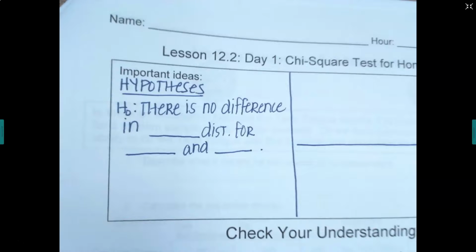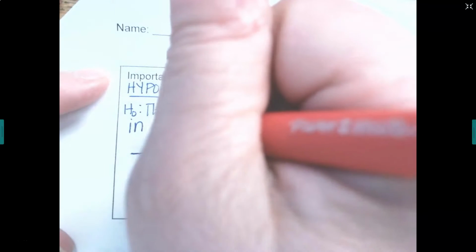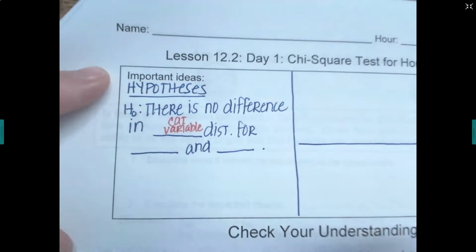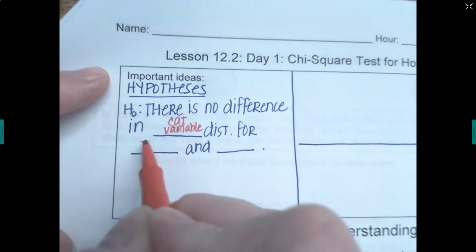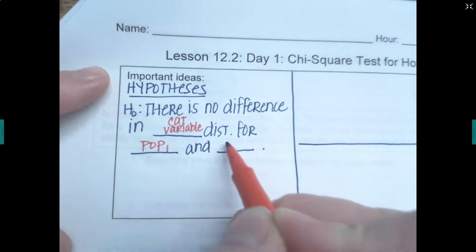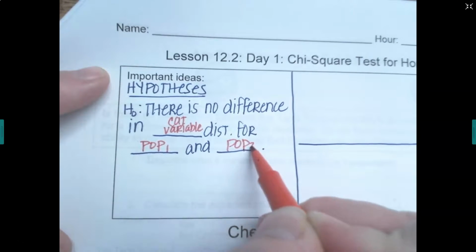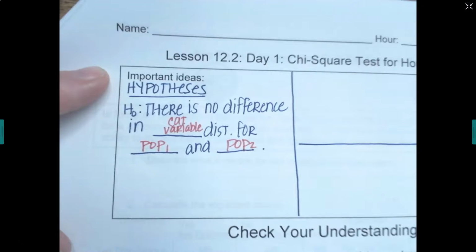So our null is that there's going to be no difference in the distribution of our categorical variable in population 1 and population 2. So the null, no difference.